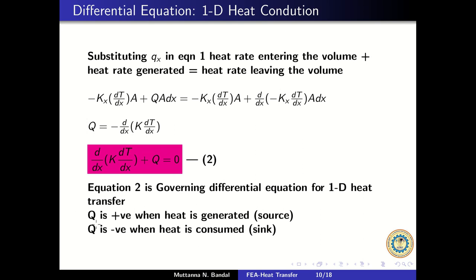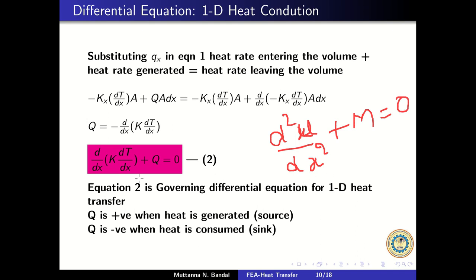So this differential equation is similar to what we have derived for structural moment, like d square by dx square of u, where u was the displacement, plus m, which is nothing but a moment.